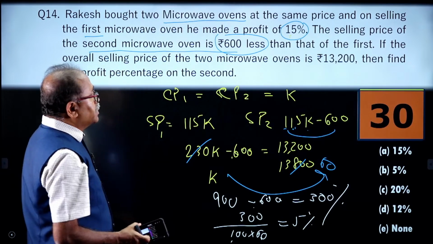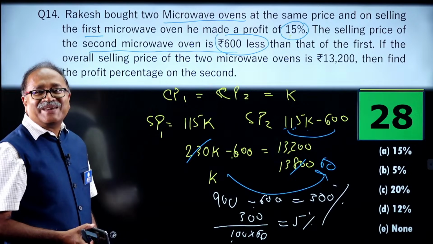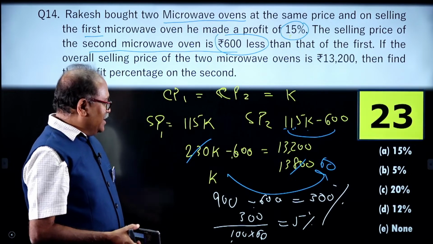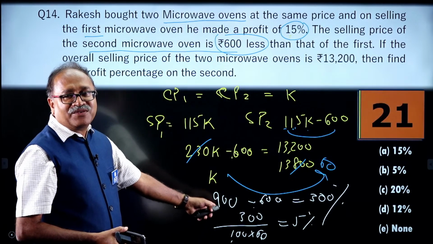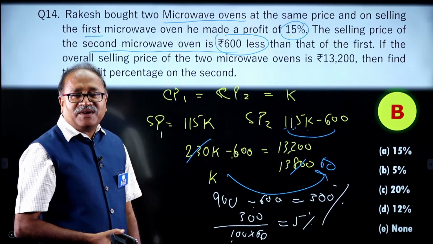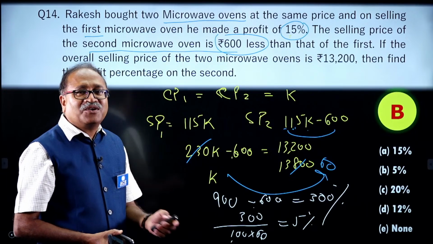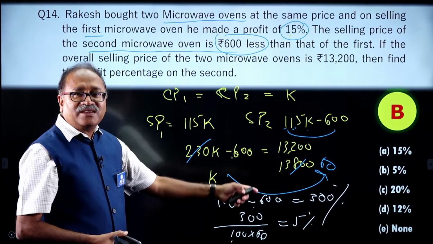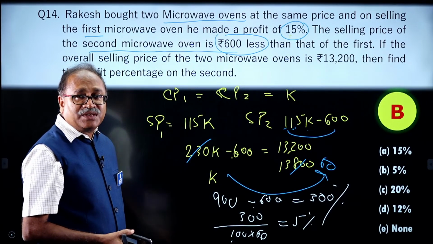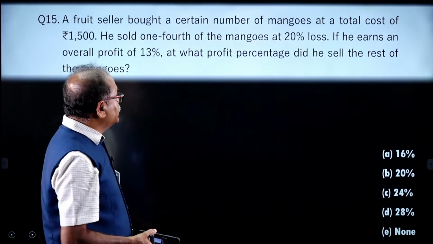Okay, I didn't give the time, I'm sorry for that. Anyhow, I answered it. By mistake, I solved the whole question. I thought of solving a certain part and then giving the option to you, and the option choice is B, 5%. Anyhow, let's move on to the next question and the last question of the class, which is this.